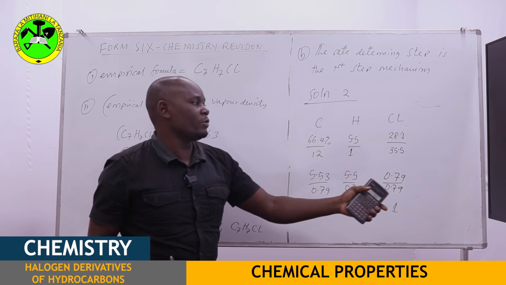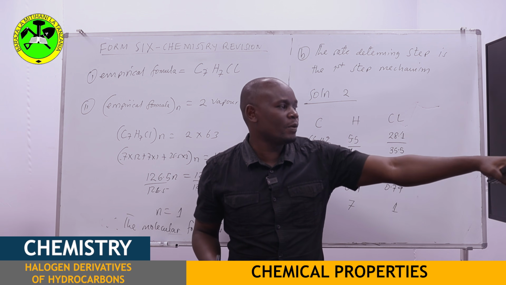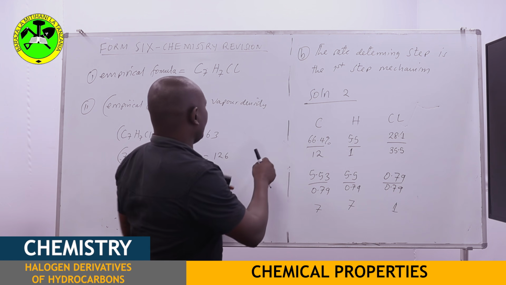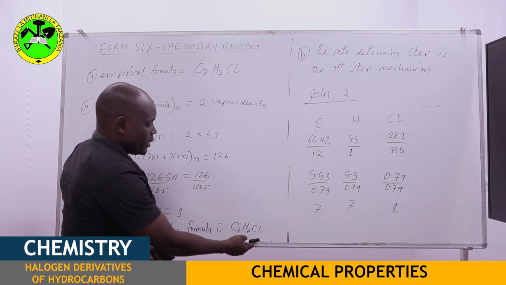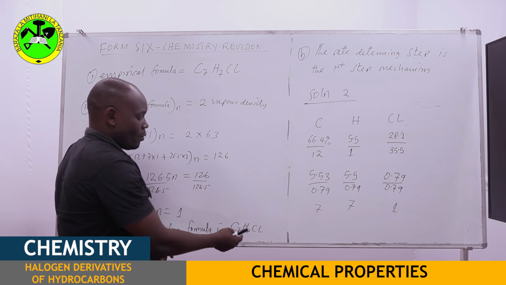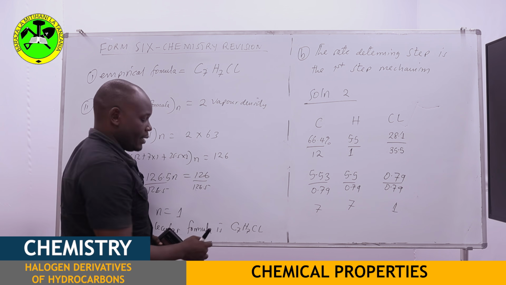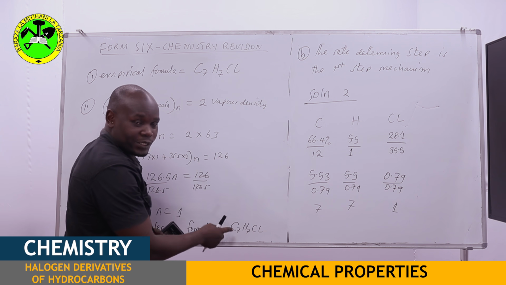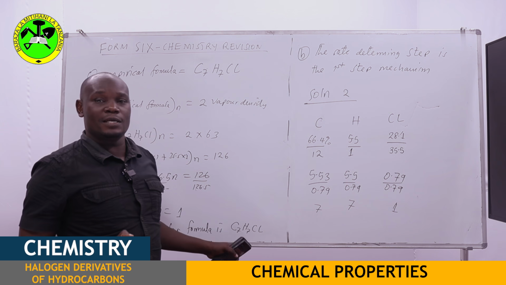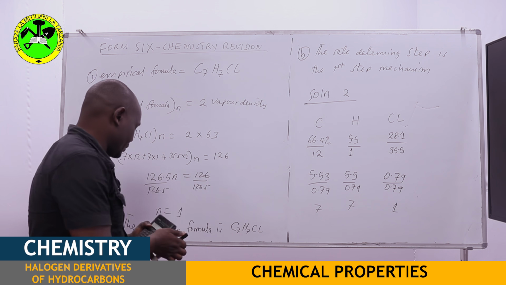Now the second part, you have been asked to write the isomers of compound A that can exist with their names. Normally, by looking at the molecular formula, you can know the type of halogen derivatives of our compound A. And here, since we have 7 carbon atoms, it means that our halogen derivative of hydrocarbon contains a benzene ring or the aromatic ring.